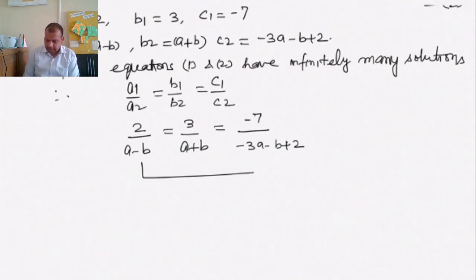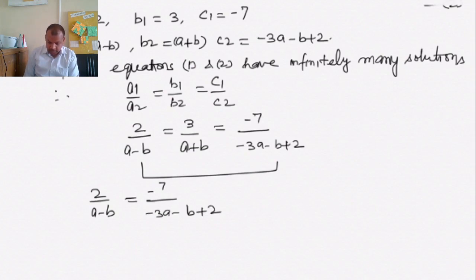Now just take the first term and the last term. We have 2 upon a minus b is equal to minus 7 upon minus 3a minus b plus 2. Just cross multiply. We will get minus 7a plus 7b equals to minus 6a minus 2b plus 4.